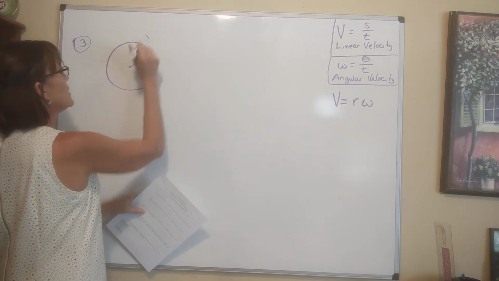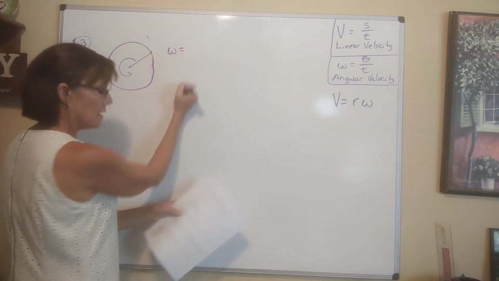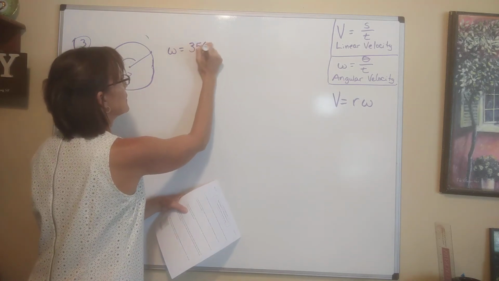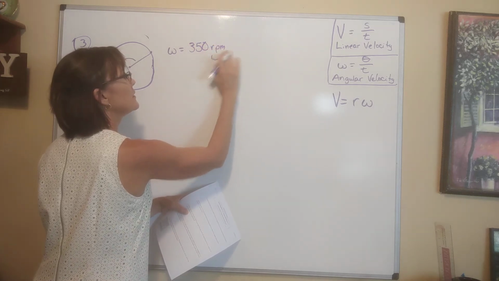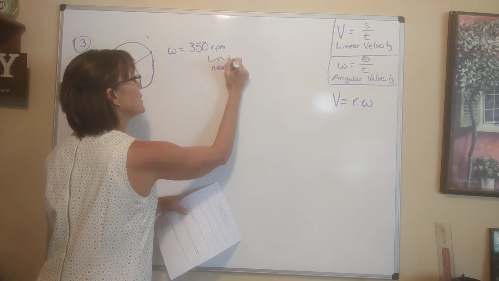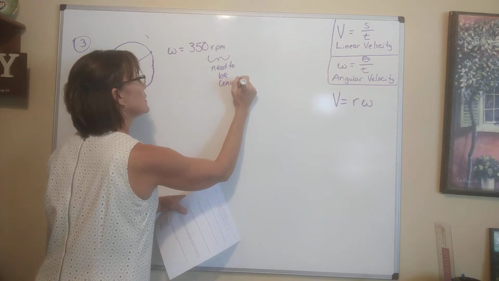So let's see, the angular speed omega is 350 RPM. But this needs to be converted into angles.